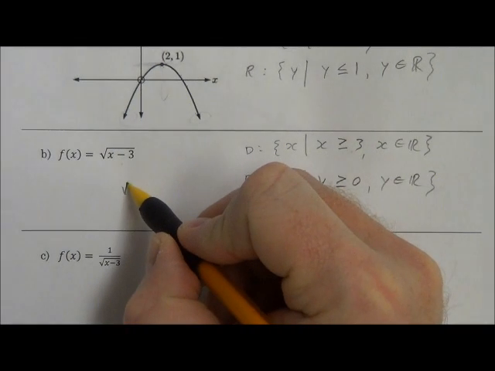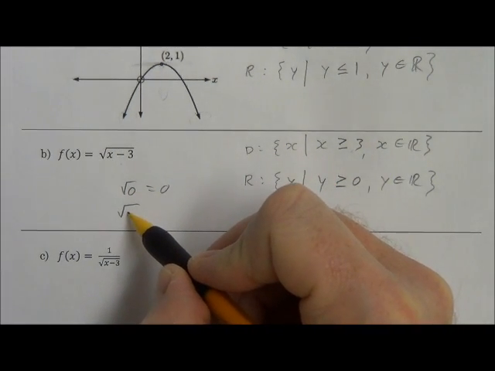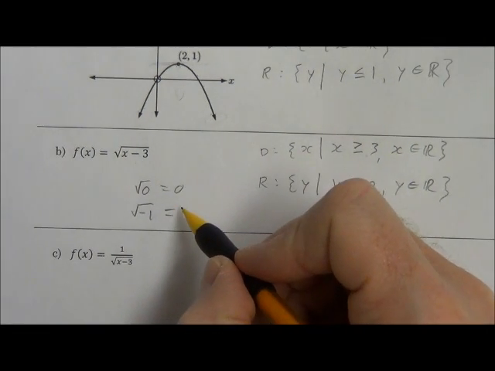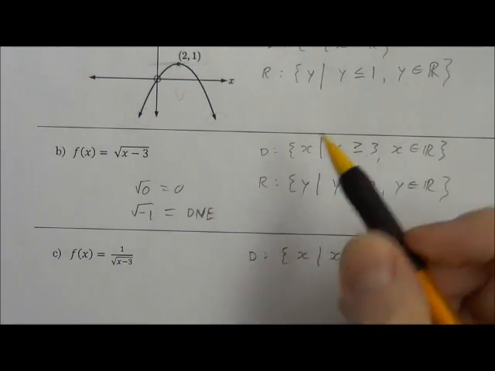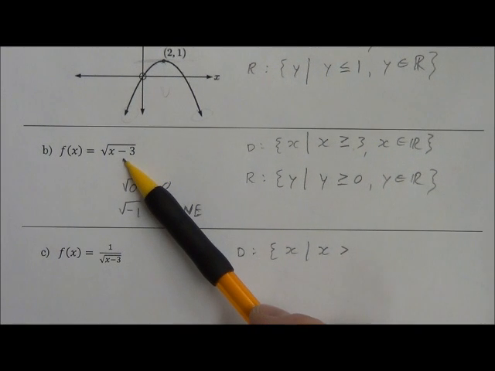We can take the square root of 0, that's no problem, but we cannot take the square root of a negative value. So let's say -1, for example. Okay, so that does not exist. We cannot do that. So that's why x has to be greater than 3 in this case.